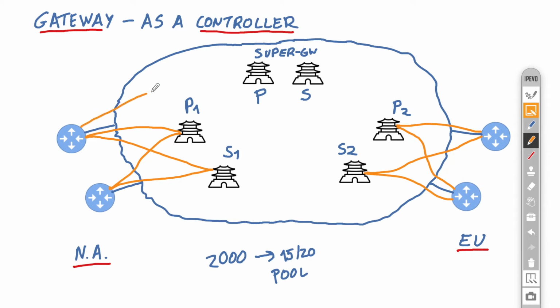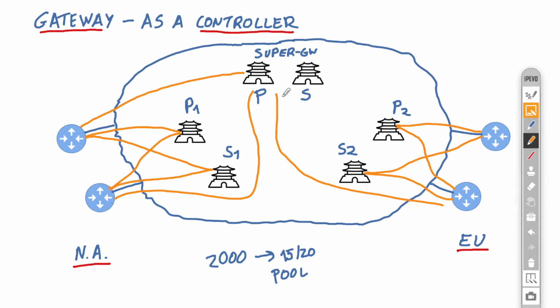So you'll see each edge connected to them. I will not connect the secondary, just to allow the picture to remain clear. But this will make sure that the edges that don't share primary and secondary gateways can still have the visibility of the rest of the estate.